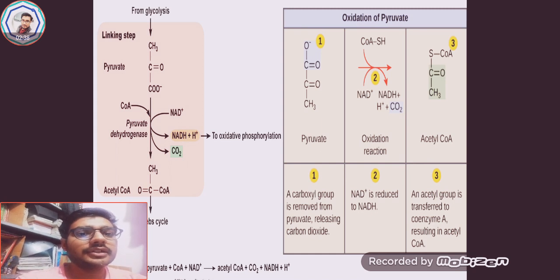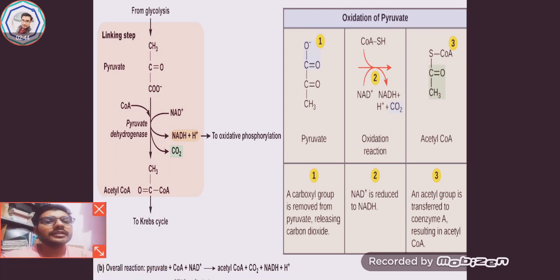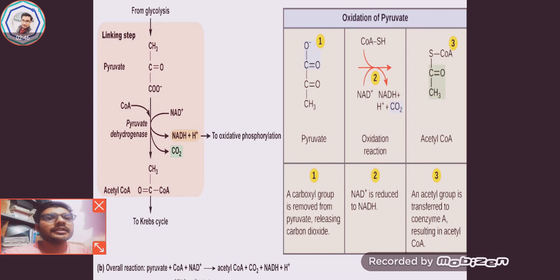As you can see on the screen, the end product of glycolysis, which is pyruvate, is converted into acetyl coenzyme A with the help of pyruvate dehydrogenase.